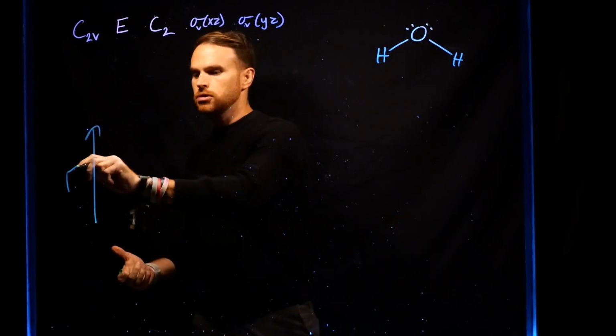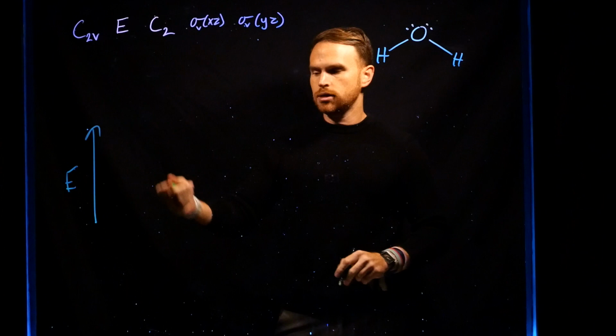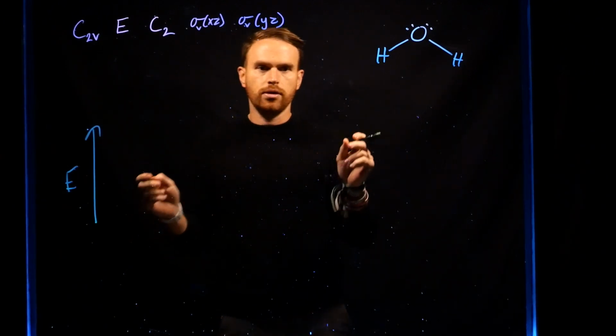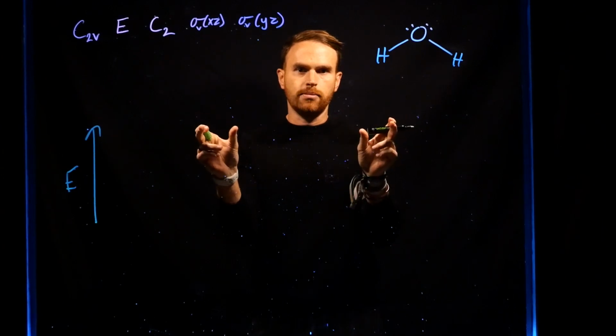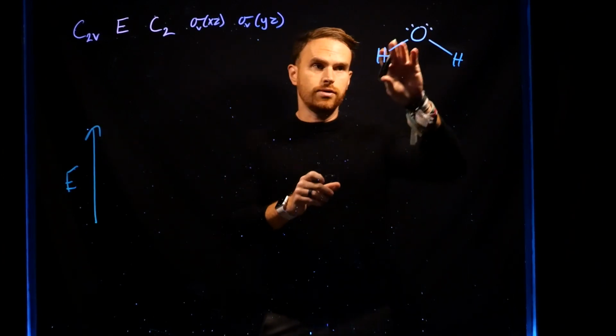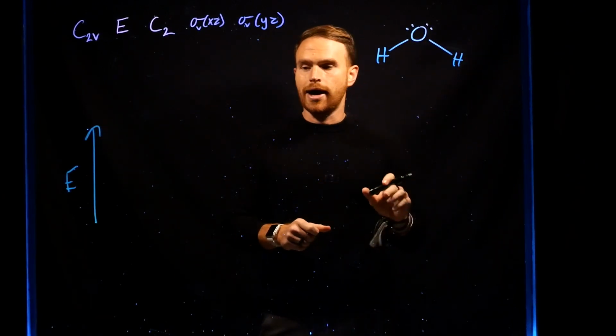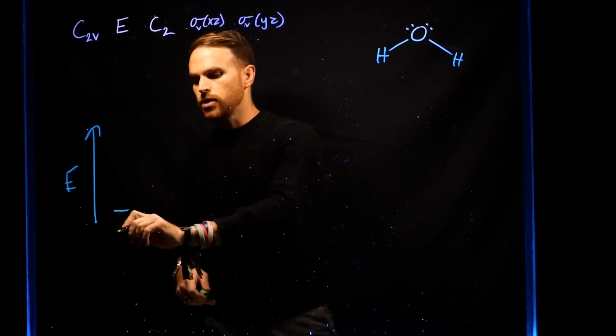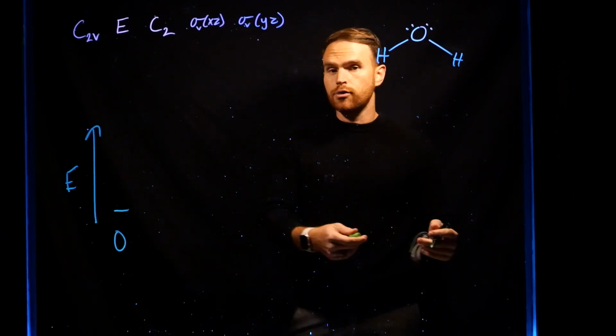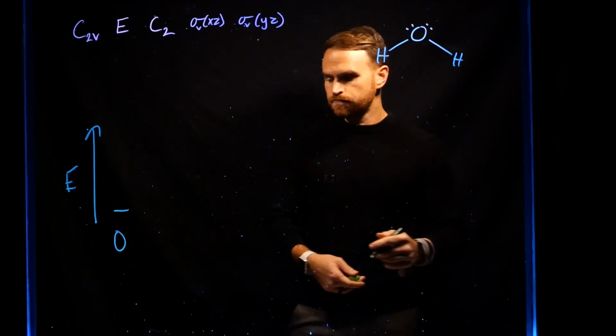So traditionally you have your energy on one side, and with homonuclear and heteronuclear diatomics, we would just have one atom on the left and one atom on the right. Now instead for these more than two atom molecules, we will place the center atom on one side, so that will be oxygen, and on the other side we will have our group orbitals.